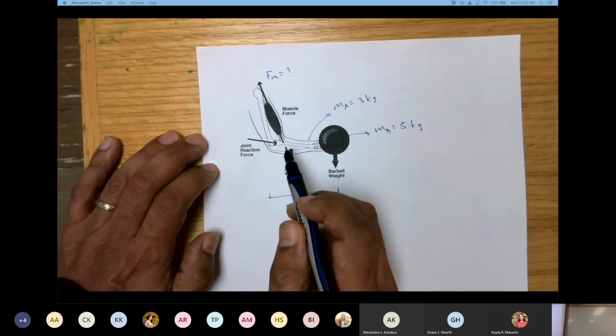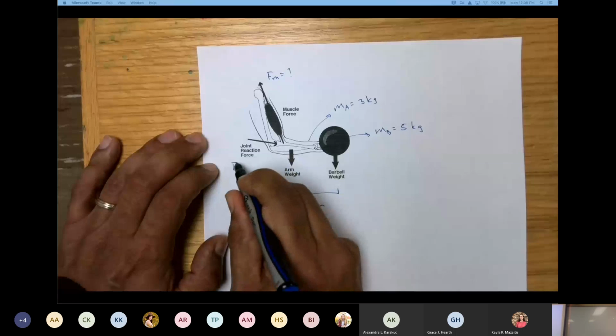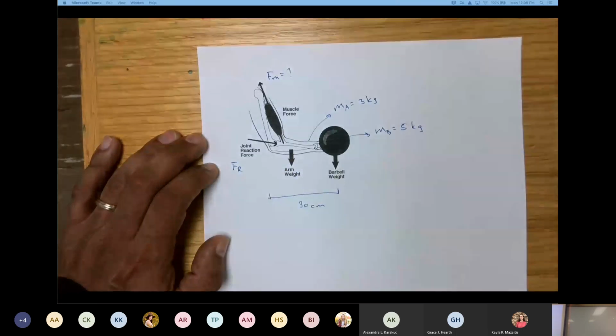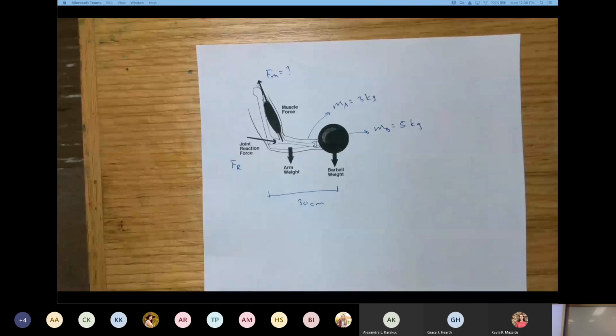And so I want to know what is this. I'm going to call this FR, just for reaction force. Okay, we talked about that. We did an example like this before with the deltoid when we calculated the force on the shoulder. We also calculated the reaction force. We didn't call it that. We just called it the force at the joint. But the technical name is the reaction force.